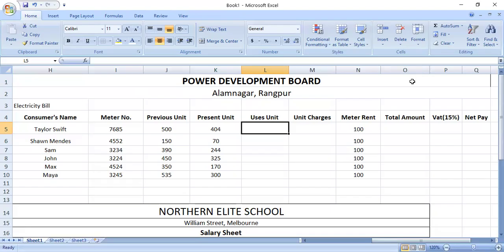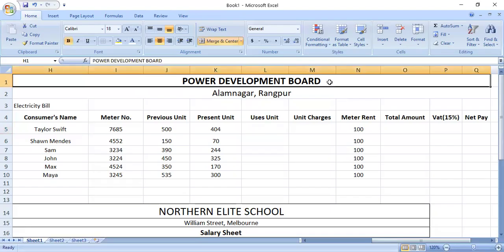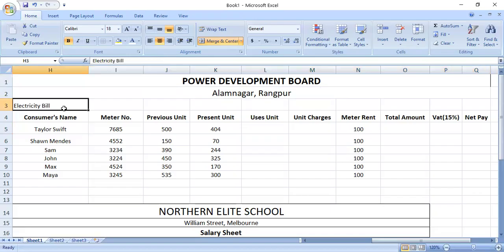So let's start. If you have a question about how I did this, I have not done this to show you how it's done. So here what you need to do is select electricity bill.